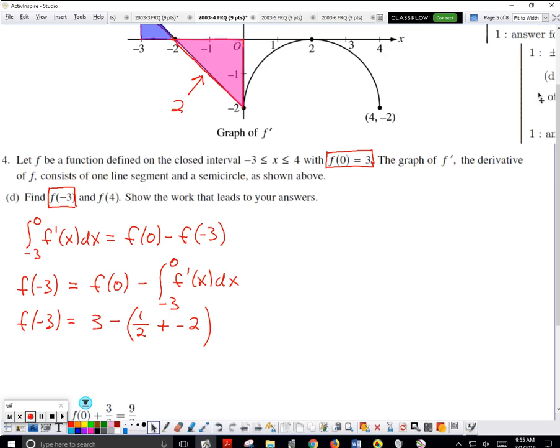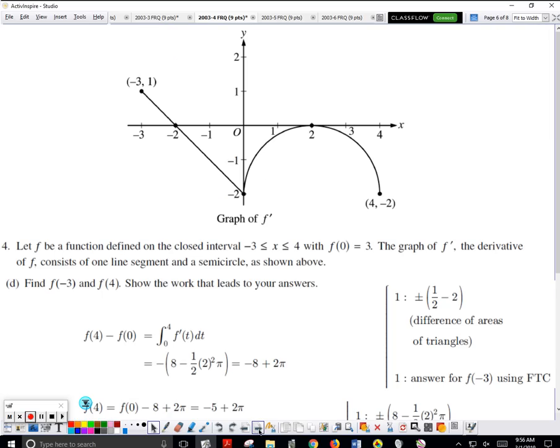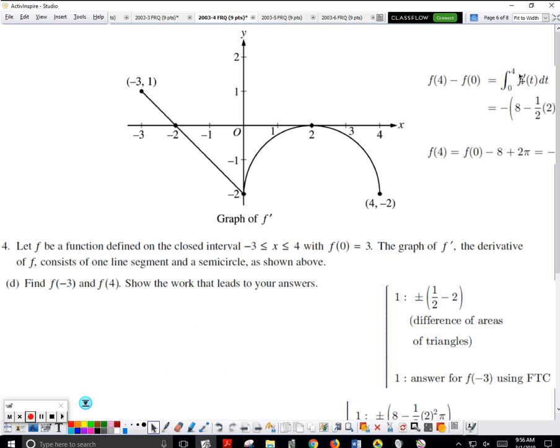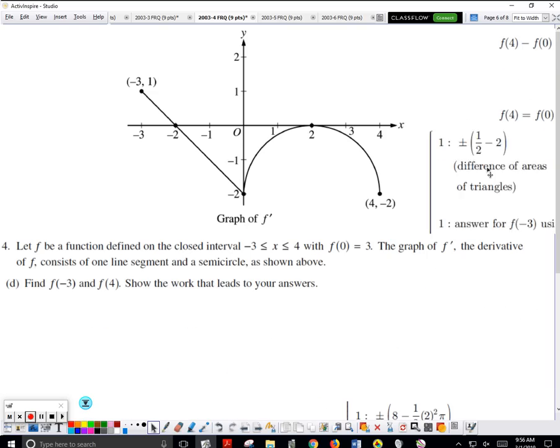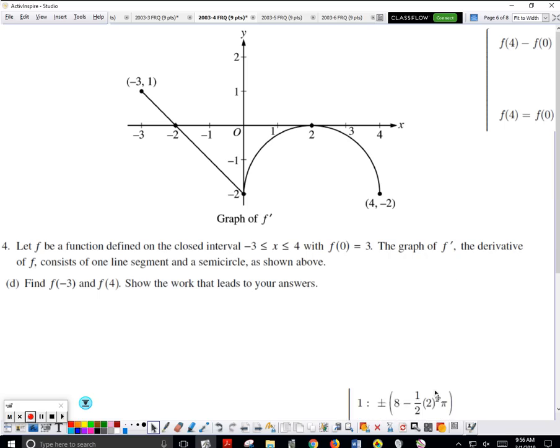Now I have to find f of 4. So let's see, get a new page so it's a little more space. So we're finding f of 4 now.